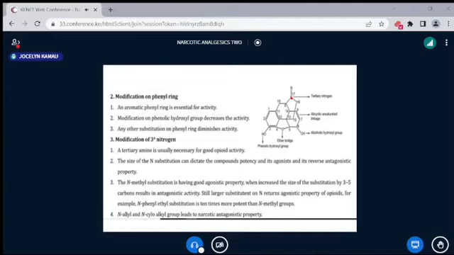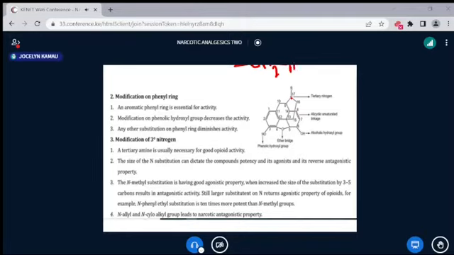For example, we will look at the N-phenyl ethyl derivative. If we are looking at the N-phenyl ethyl derivative, let me just try to draw it.